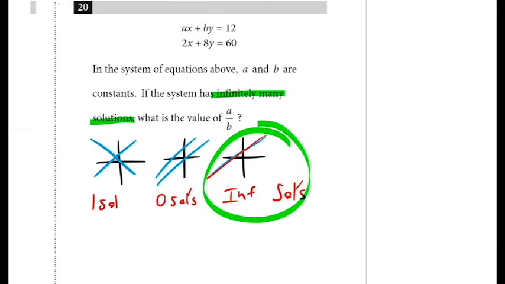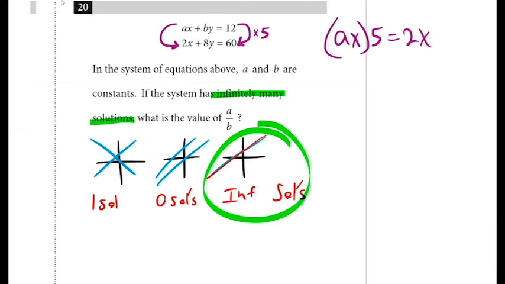So if they're the same in every way, how do you get from 12 to 60? That's multiplying by 5. So if these are the same equations as one another, then that should hold true across the board. To get from ax to 2x, we should also be multiplying by 5. So ax times 5 equals 2x. And same thing in the middle, by multiplied by 5 is 8y.